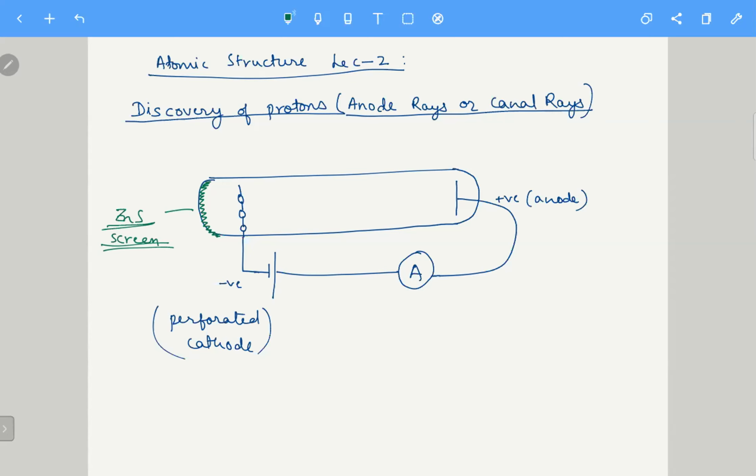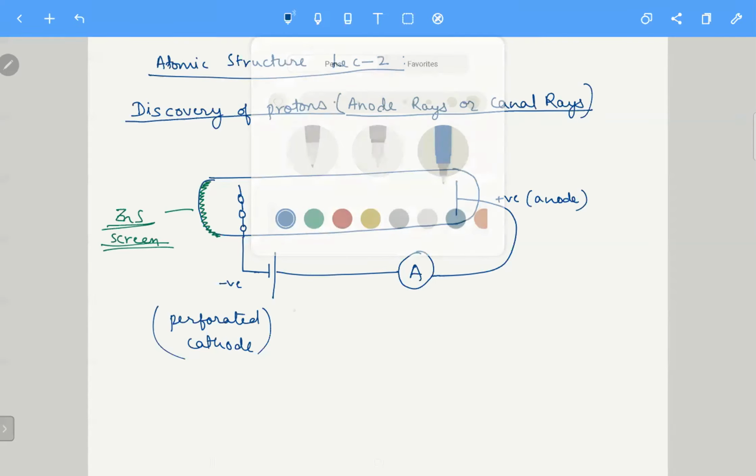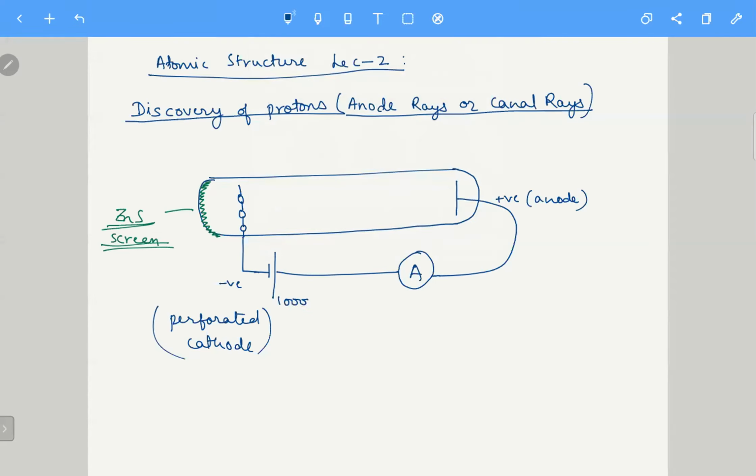The explanation for this phenomenon is that when such high voltages, 10,000 to 20,000 volts, are applied, and when pressure is reduced to such low values, this is connected to a suction pump, a vacuum pump.